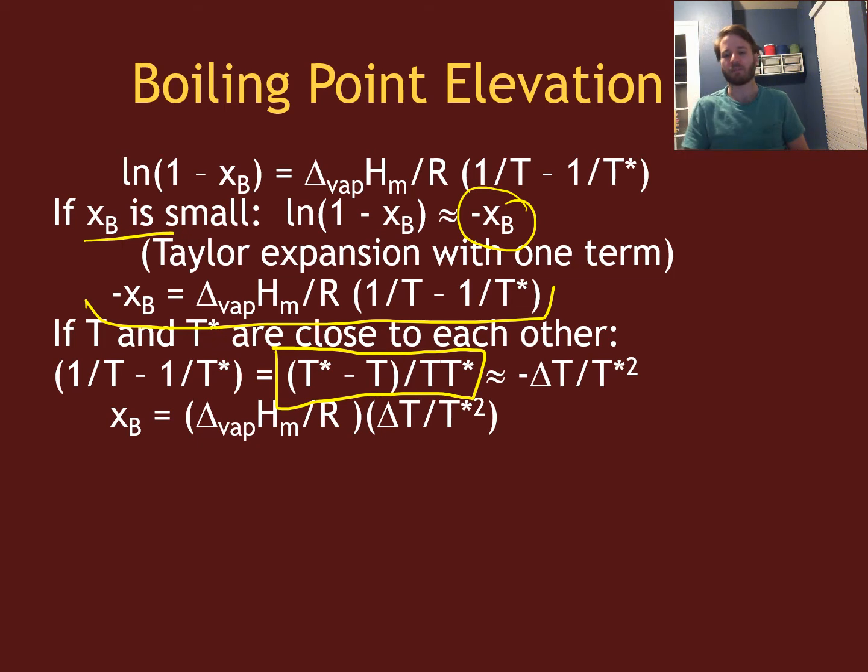If I have that, then this difference in temperature divided by the multiplication of temperatures can approximately be written as a change in temperature divided by T squared, okay?